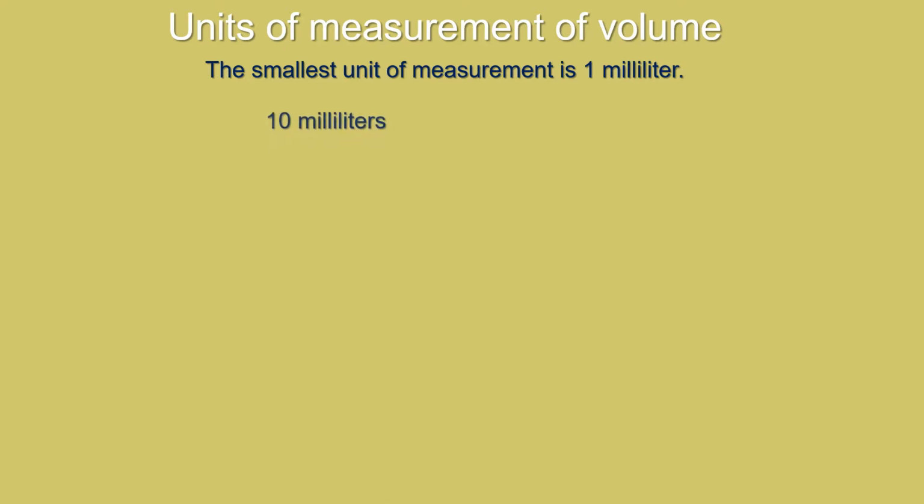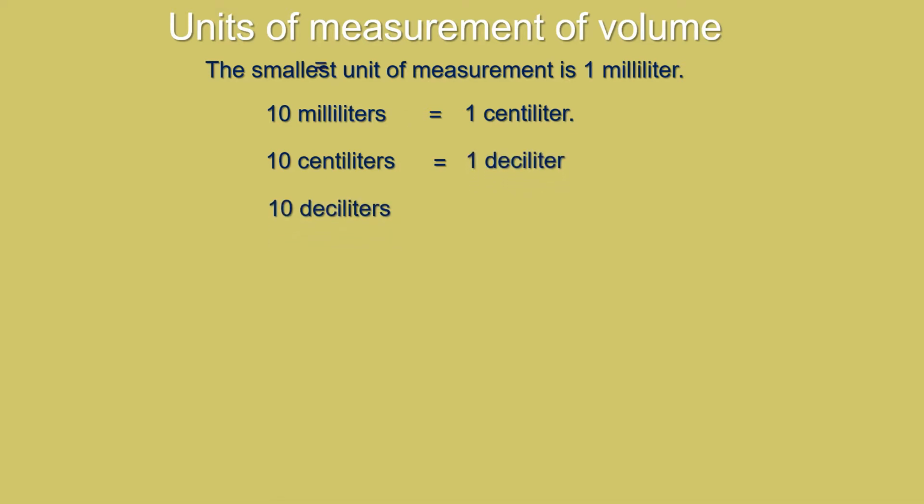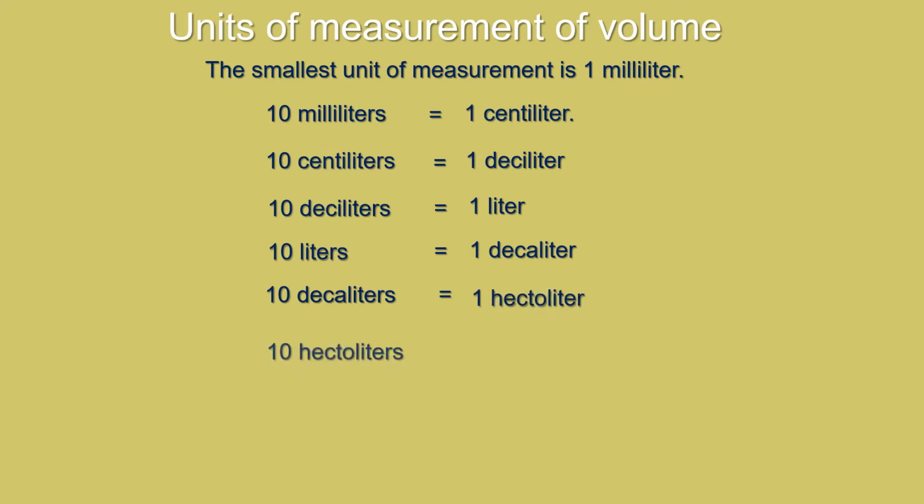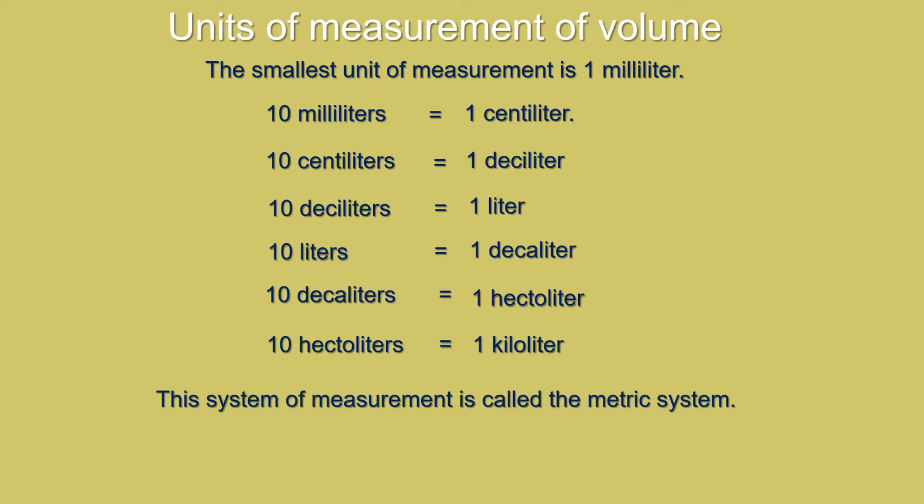So 10 milliliters is equal to 1 centiliter. 10 centiliters is equal to 1 deciliter. 10 deciliters is equal to 1 liter. 10 liters is equal to 1 decaliter. 10 decaliters is equal to 1 hectoliter. 10 hectoliters is equal to 1 kiloliter. So, this system of measurement is called the metric system.